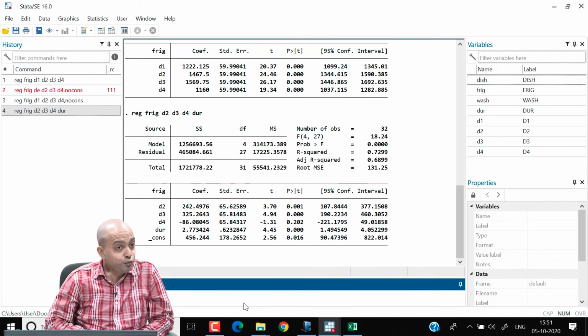And one more thing you have to keep in mind: in this model, we have not interacted the dummy variables with the quantitative covariate. What does it mean? It means that the responsiveness of sales with respect to durables is the same across different quarters. When expenditure on durables increases by 1 unit, sales will on average increase by 2.77 units for each quarter.